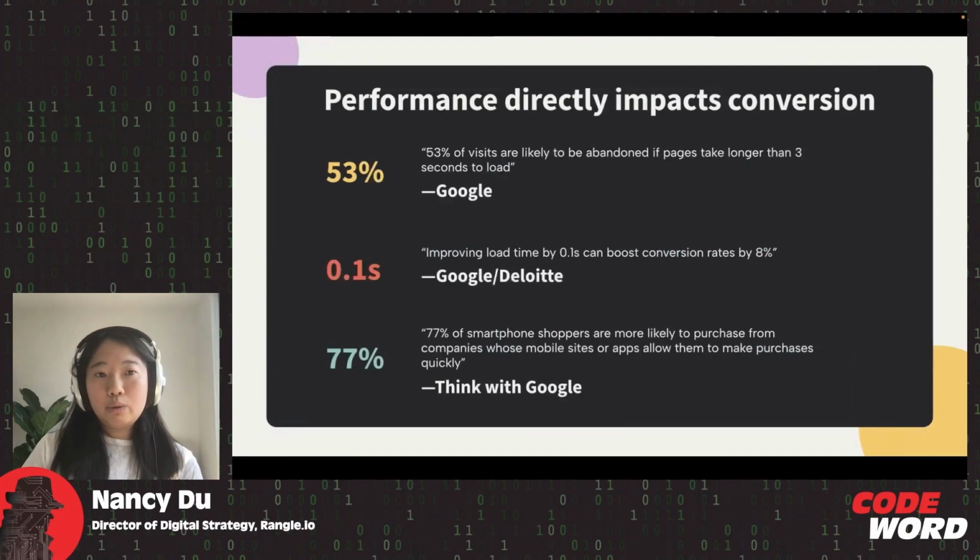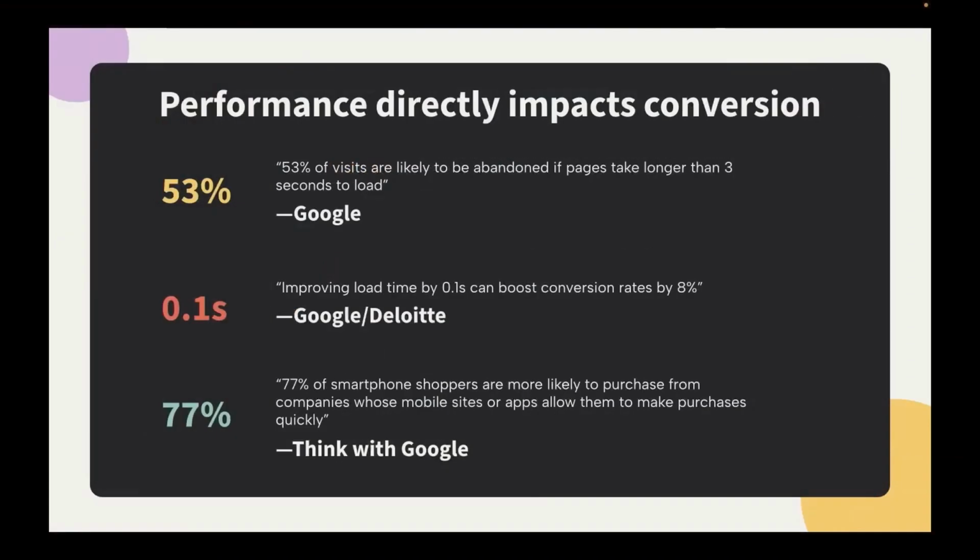Beyond the SEO benefits, performance actually directly impacts conversion rates, and a lot of the research on this topic has been done by Google. 43% of visits are likely to be abandoned if pages take longer than 3 seconds to load, and that threshold is going down by the year as users increasingly expect more performant and fast websites.